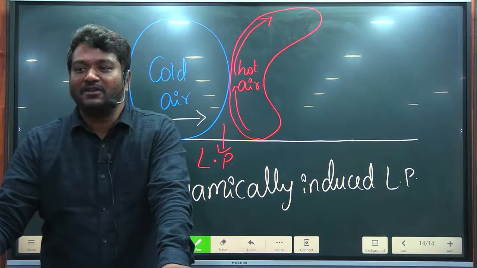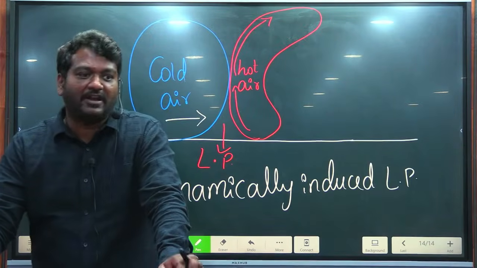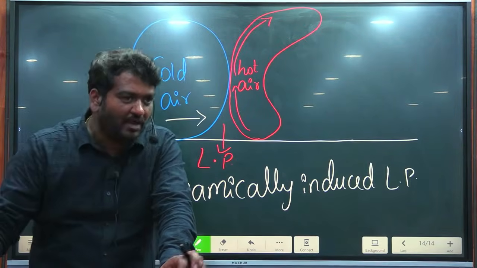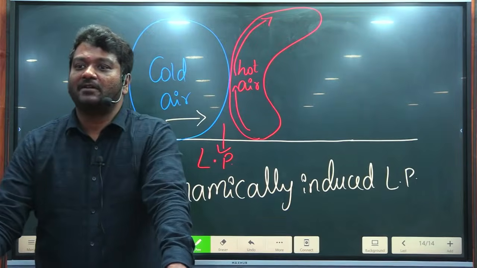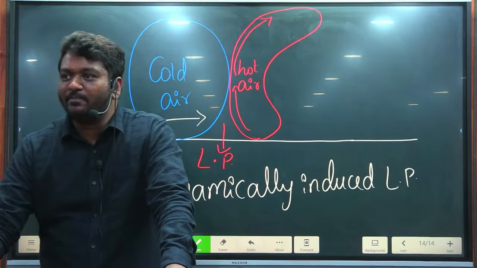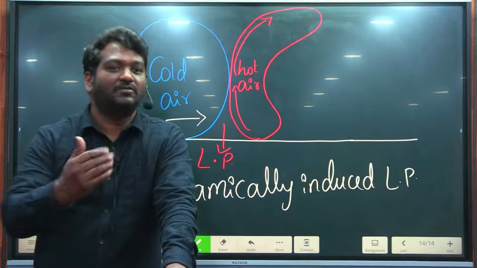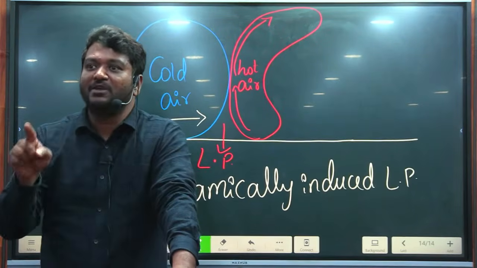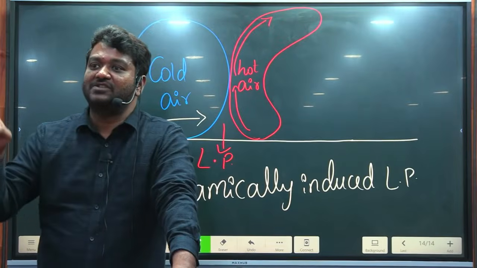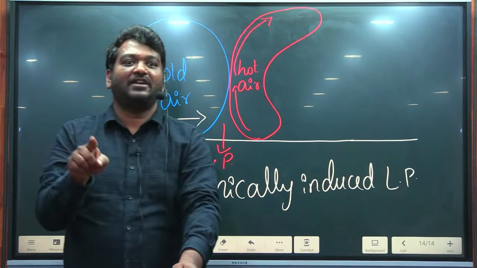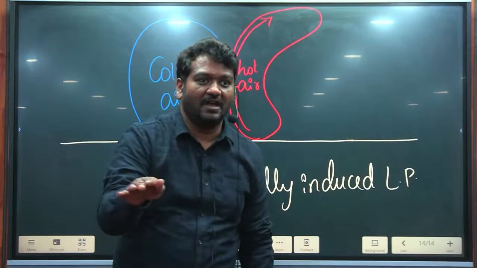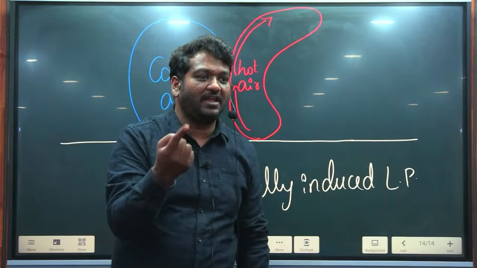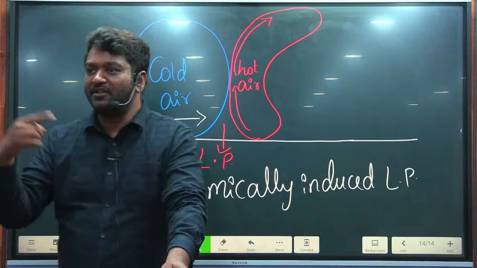But many geography textbooks tell one basic point very directly: high temperature leads to low pressure, low temperature leads to high pressure. This is how they teach. But do you understand now the meaning of high temperature leading to low pressure? High temperature of the earth's surface leads to low pressure in the atmosphere. Are you getting the point?